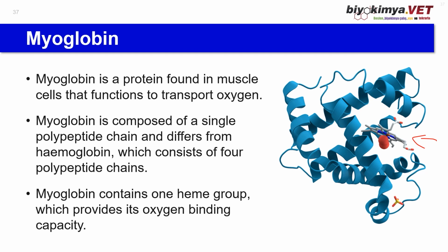And its polypeptide chain contains 153 amino acids. And my dear friends, myoglobin has a higher affinity for oxygen than hemoglobin. And this allows myoglobin to store oxygen more effectively in muscle cells.